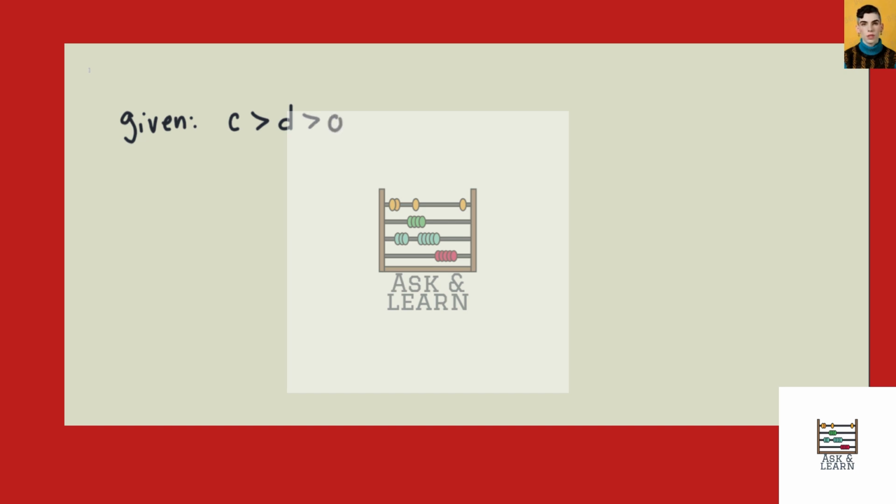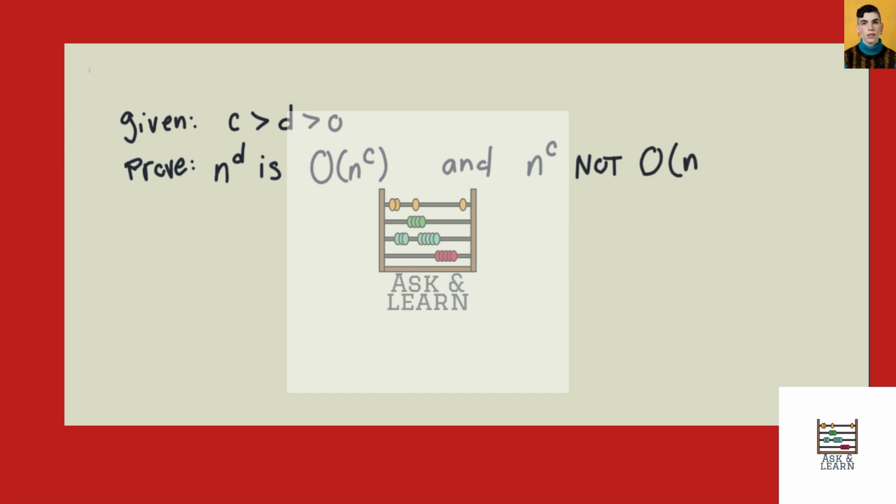And we are to prove that n to the power of D is big O of n to the power of C, and that n to the power of C is not big O of n to the power of D. Okay, so we really have two parts to this, right?